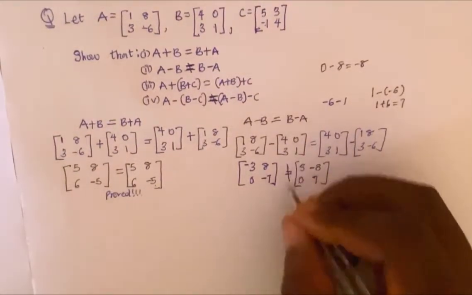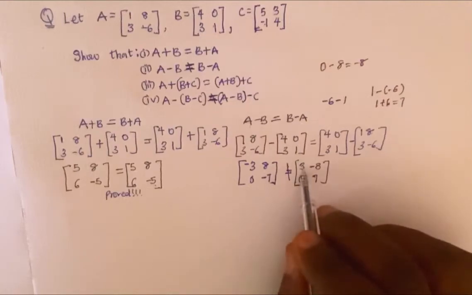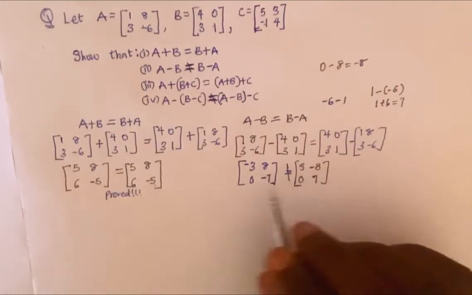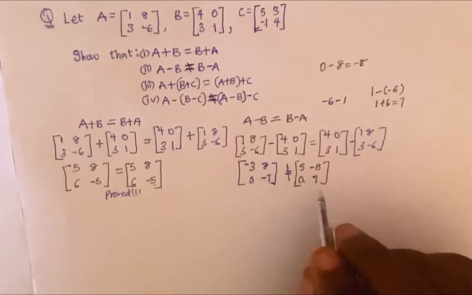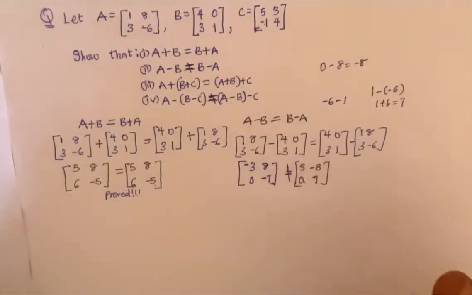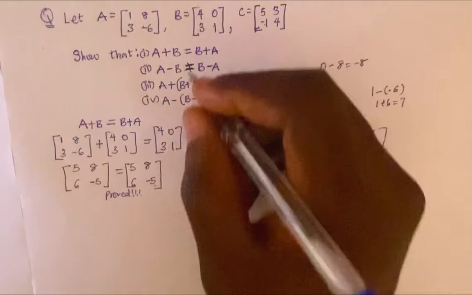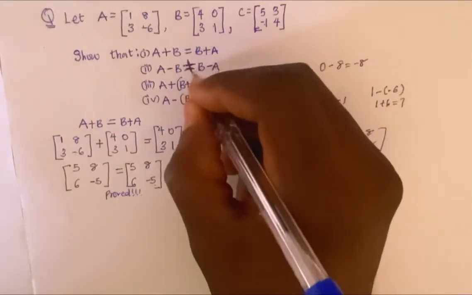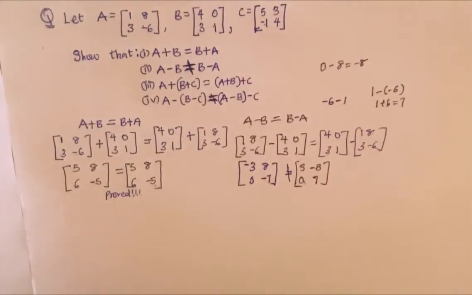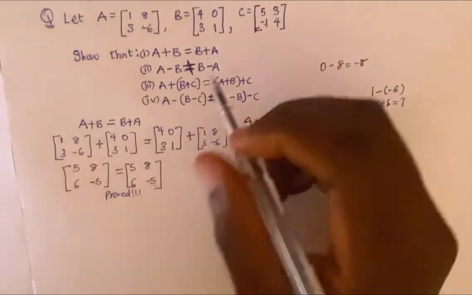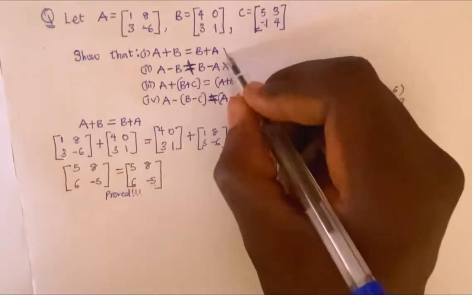So this is not equal to this. We have minus 3 here and 3 here, 8 here, minus 8. We have 0 here, 0 here, minus 7 here, and 7 here. So the elements are not the same, and this can never be equal to this. The commutative property doesn't hold true for subtraction, but it holds true for addition.